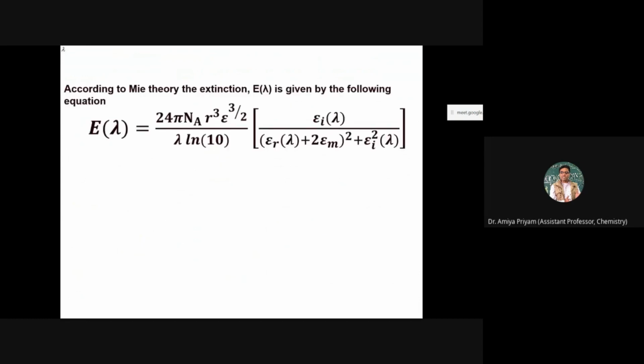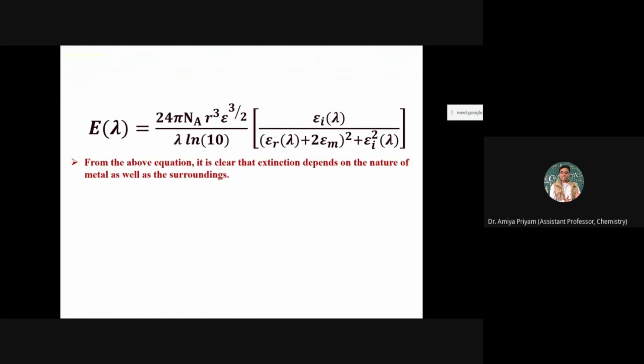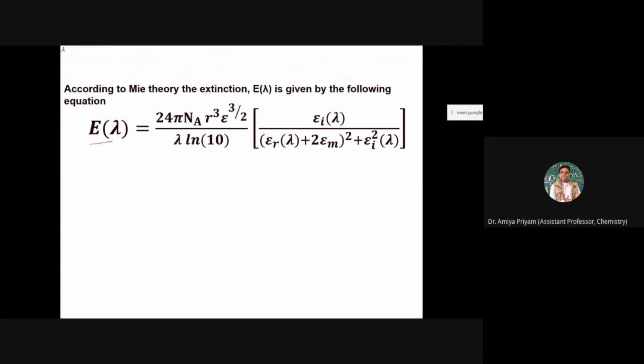There is also an important thing that we should note, which is the extinction. In the earlier cases, with the very old Mie theory, E here is the extinction, and you should know that in such nanostructures and nanoparticles there will be significant scattering that takes place.